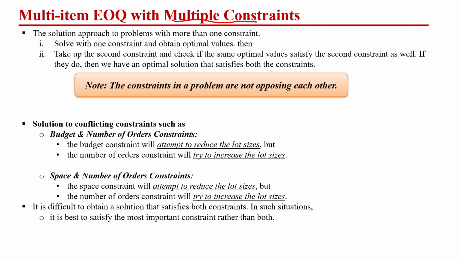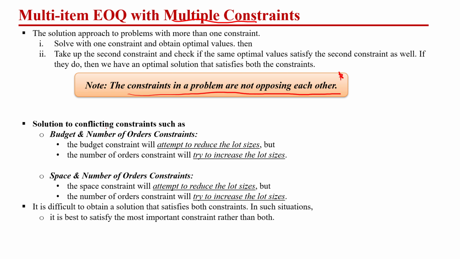If both constraints are separately satisfied, we say this is the optimum. Otherwise take the first constraint, and if it is satisfied, check the second constraint. The constraints are not opposing each other; both want to reduce the EOQ.